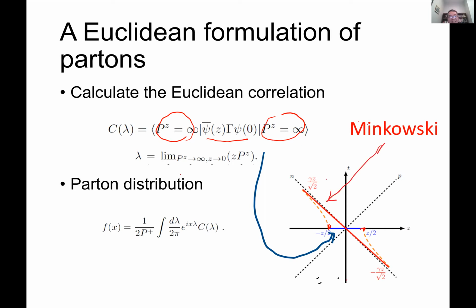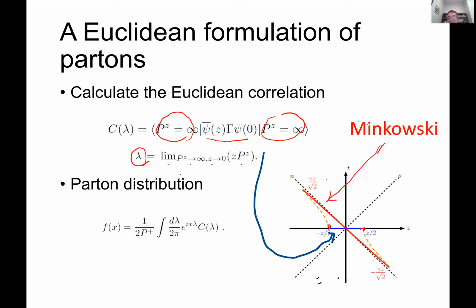And then the light cone correlation distance here is the delicate limit of z going to 0 and pz going to infinity. Okay. And you Fourier transform this correlator, you get a Parton distribution. Where the standard formulation of partons is this red line, which is the light-cone correlations.